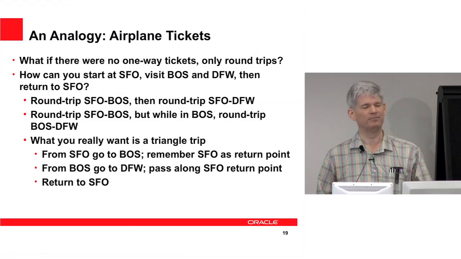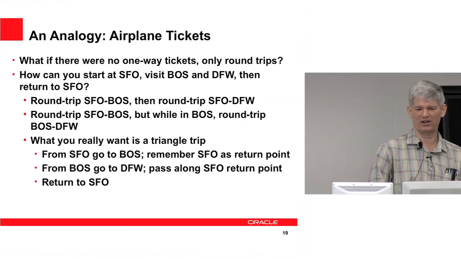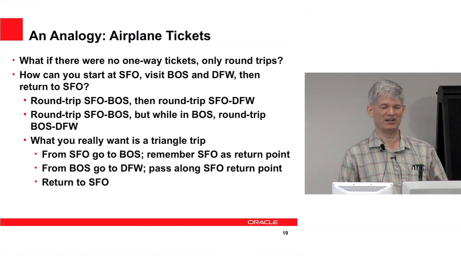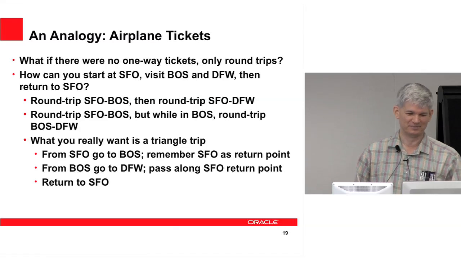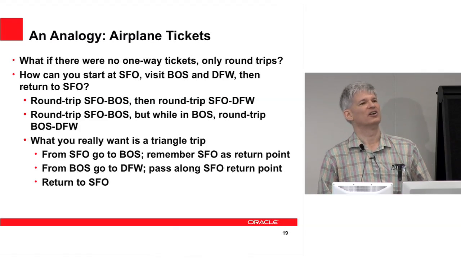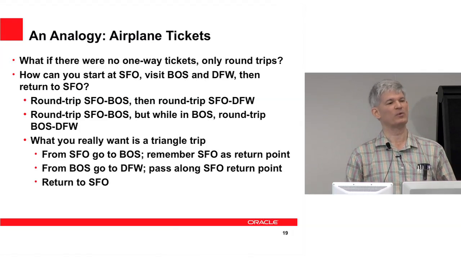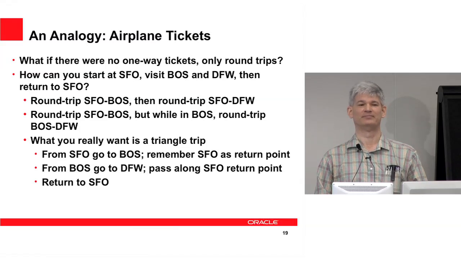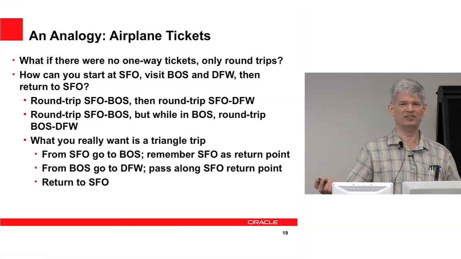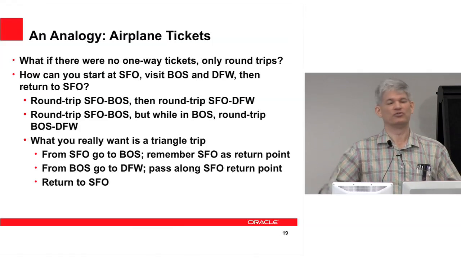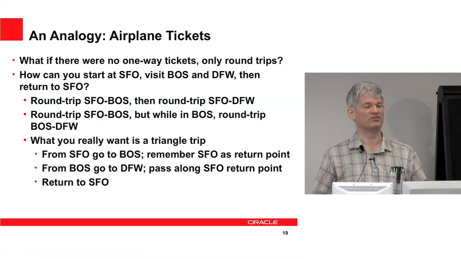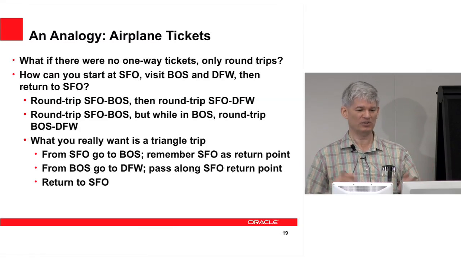It's a stylistic problem. So here's an analogy I thought of last night while sitting on an airplane and thinking about airplanes. Imagine an air traffic system where there weren't any one-way tickets, only round trips. And in fact, in our current airplane system, most trips are round trips. It's well optimized for round trips, but occasionally that's not what you want to do.